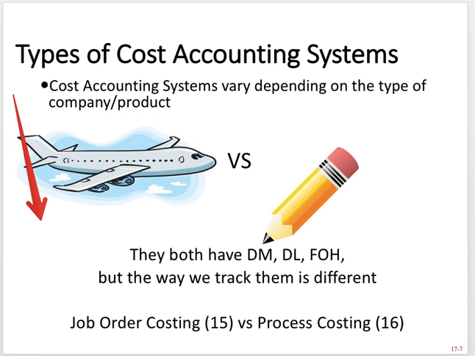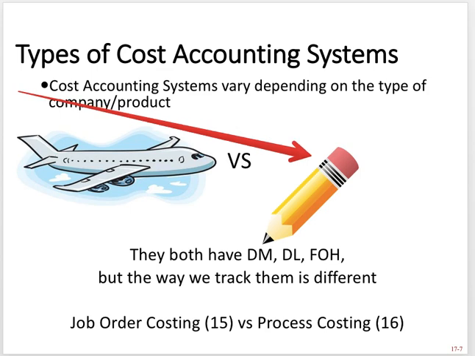Now, there are different types of cost accounting systems, and a company can choose whichever one makes the most sense for their product. So take an airplane versus a pencil. Two very different products in many different ways, in terms of size, in terms of complexity, in terms of how long it takes to make them.